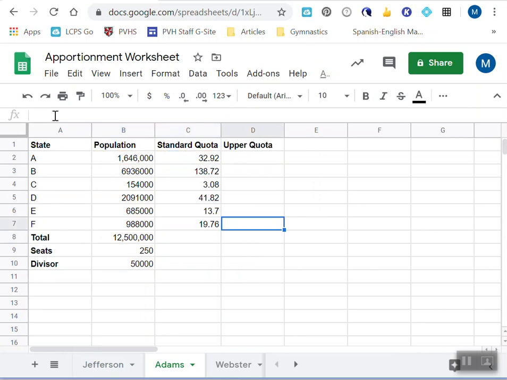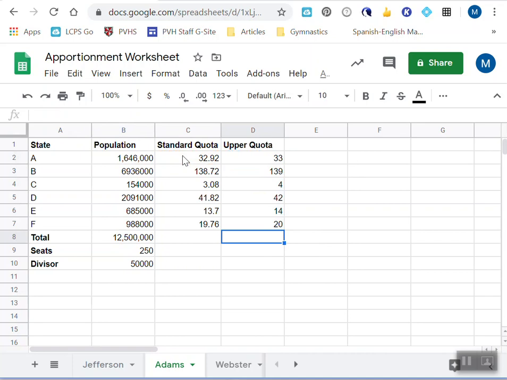Here's the different part. I'm going to use the upper quota instead of the lower quota. To get the upper quota, we use equals ceiling. Floor means round down, ceiling means round up. So I'm going to round up all of my standard quotas.